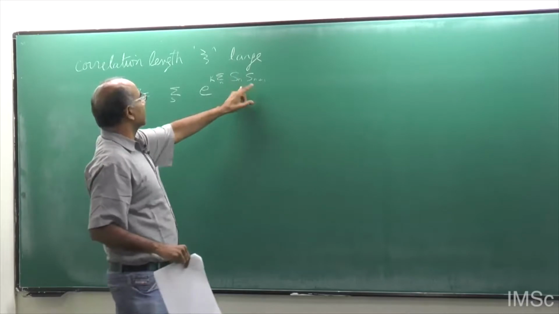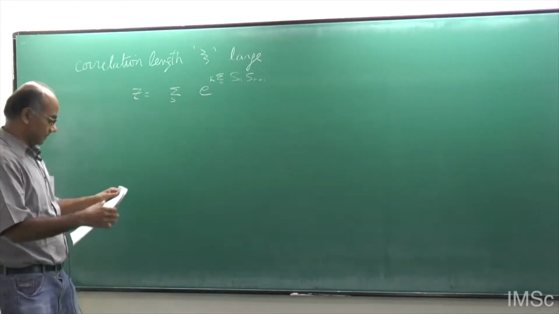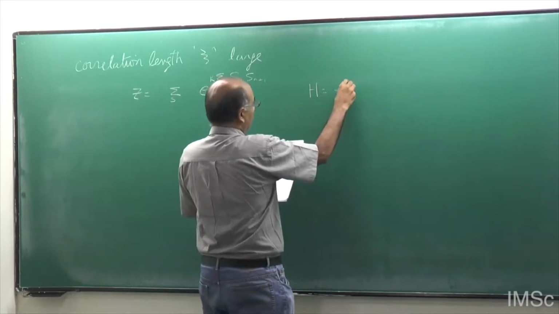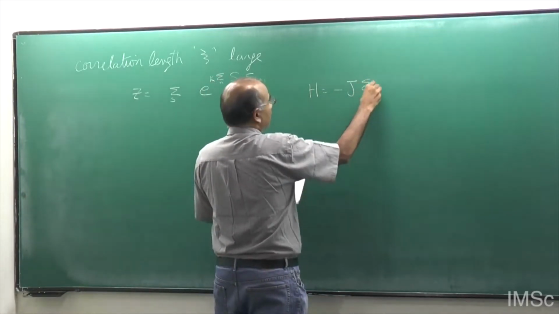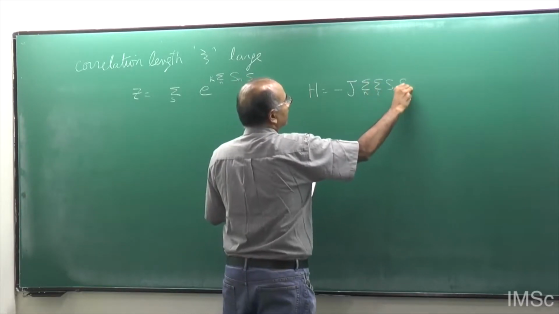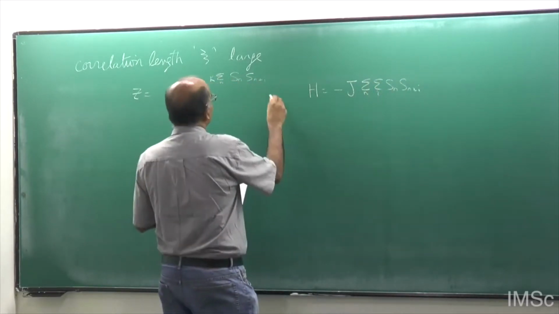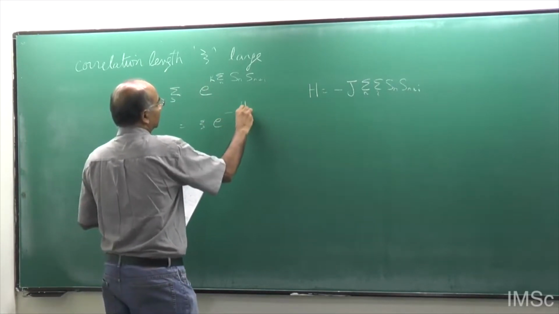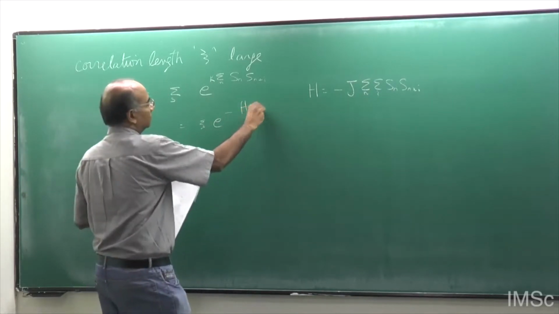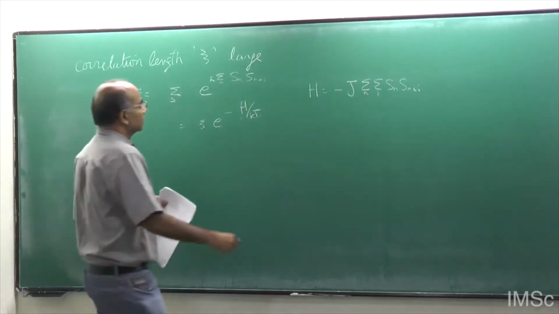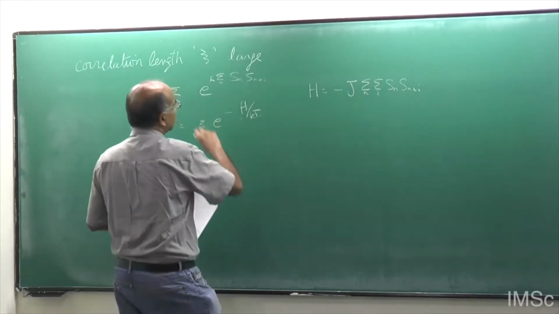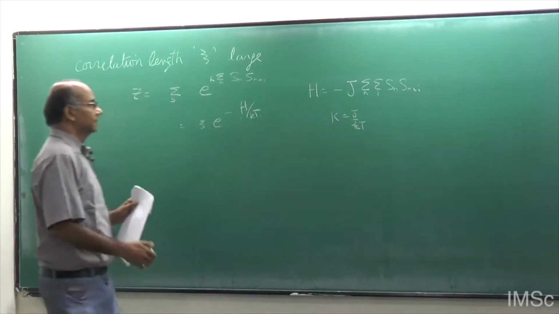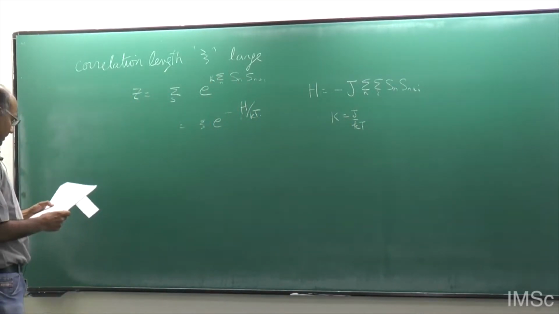If the spins are opposite, it will contribute less to the partition function. Okay? So you can think of this as involving the Hamiltonian, which is minus J times the sum over n of S_n S_(n+1). And then the partition function is just the sum of e to the power of minus H by kT. So J by kT is that K. Okay, that's the first point I want to make.